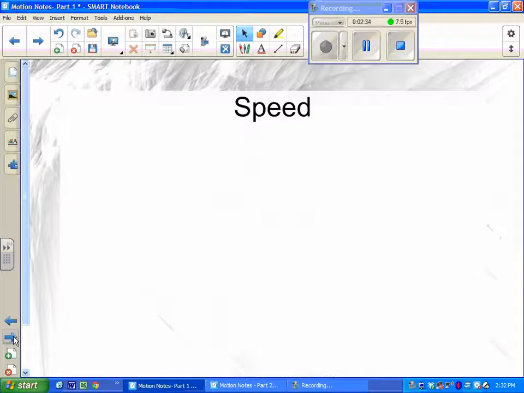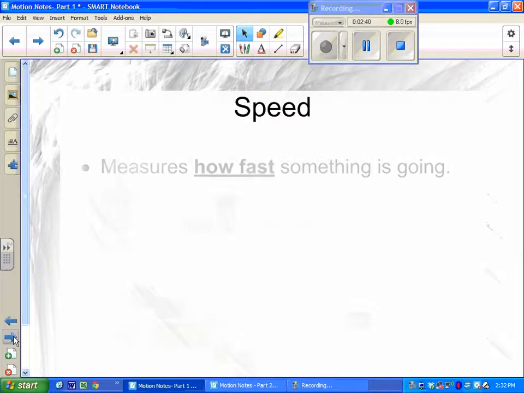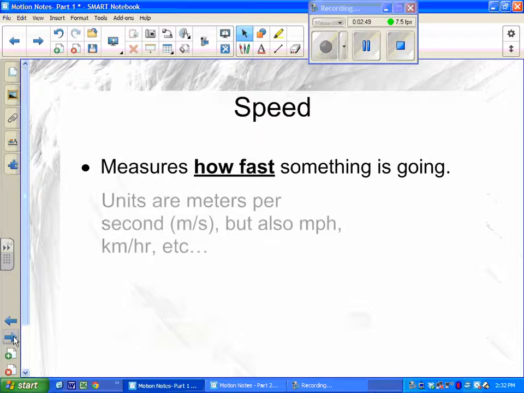The next variable is speed, and speed measures how fast something is going. If I say how fast are you going, that's your speed. In this class, we're going to be measuring speed in meters per second, but it can also be miles per hour or kilometers per hour.